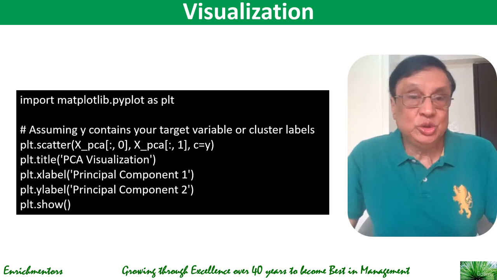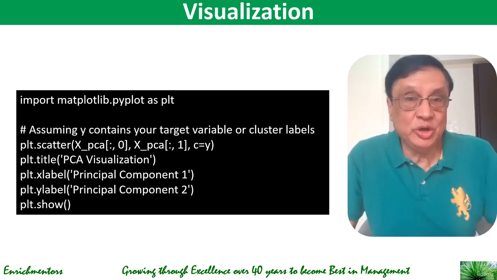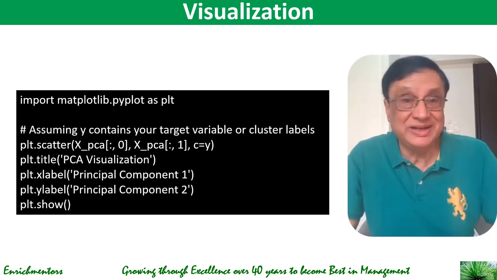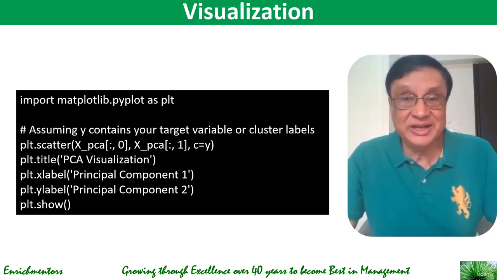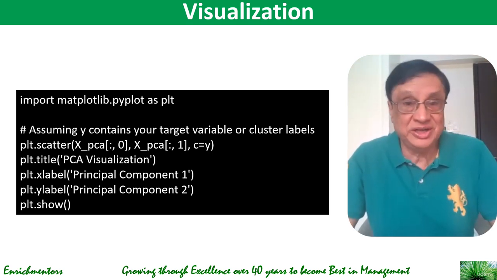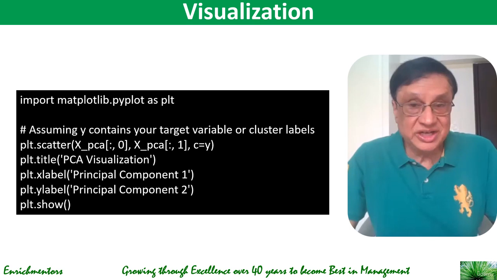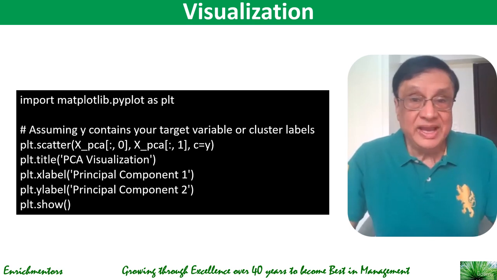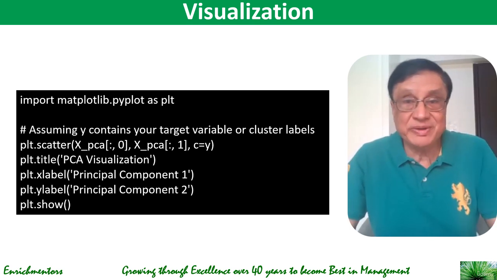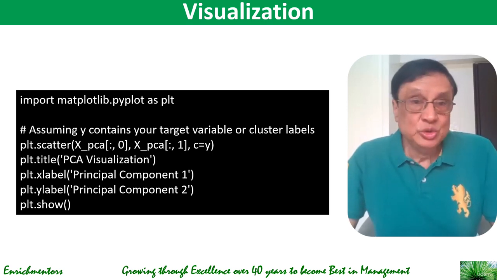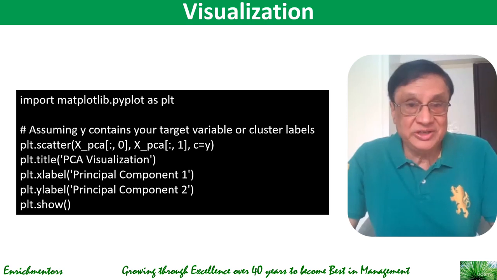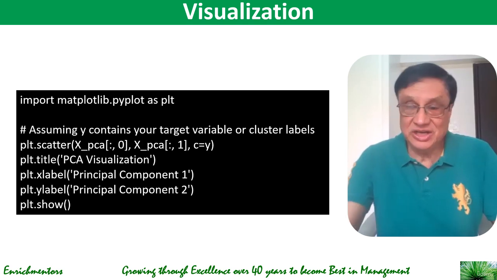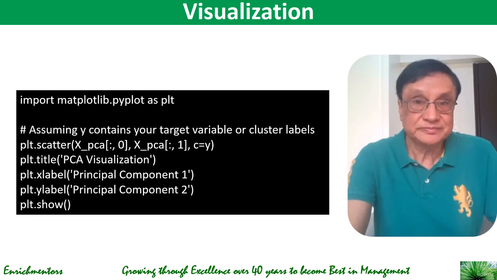After running those programs and deciding on the number of components that gives you the right dimensionality reduction, you need to visualize the reduced dimensional data using scatter plots or other visualization techniques, as illustrated in the program given below. There you basically assess the separation or clustering of data. You plot the transformed data points in the reduced dimensional space, color them according to the target variables or cluster labels, and that gives you further insights into the data.